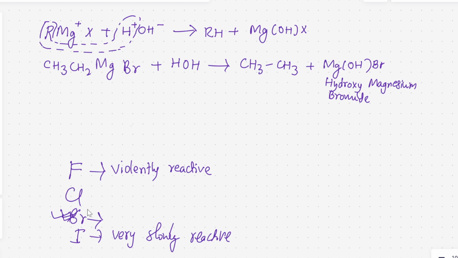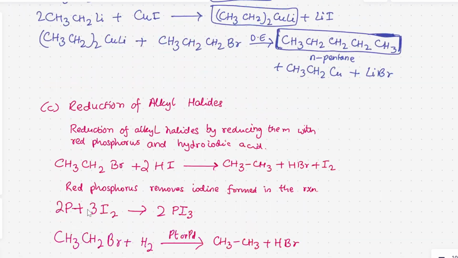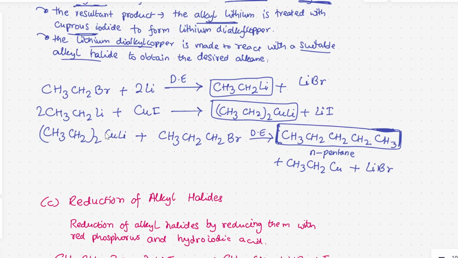Also, it is crucial to note that preparation of alkanes by the Corey-House reaction, this part, the dialkyl lithium copper part, you could also write the same thing as LiCH3CH2Cu.